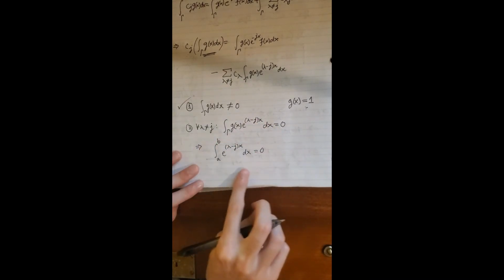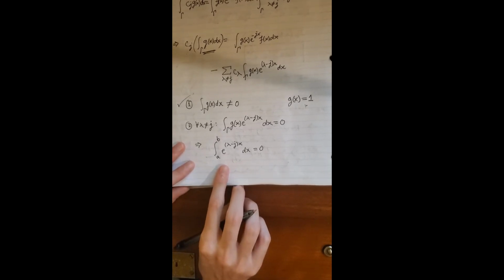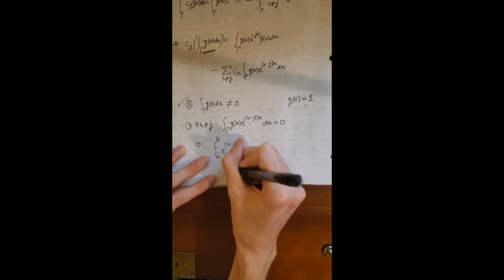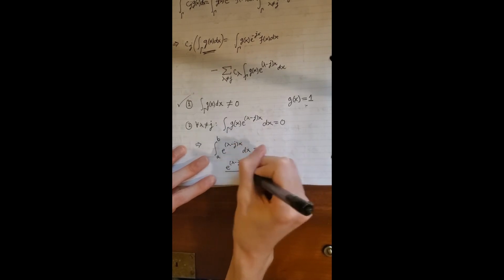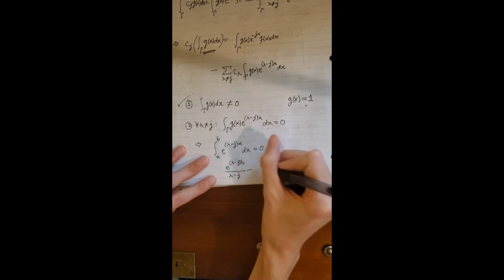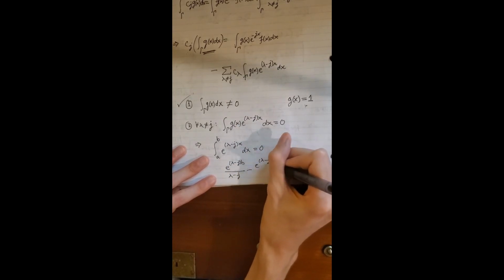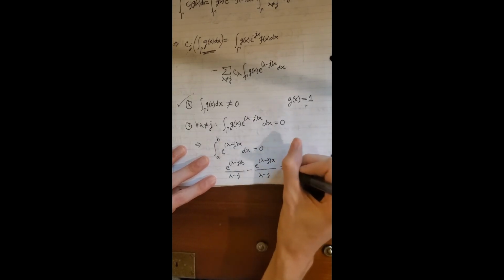Well, this is extremely easy to take the antiderivative of. When you do this, you'll find that it's e to the lambda minus j b over lambda minus j minus e to the lambda minus j a over lambda minus j. And that has to equal 0.